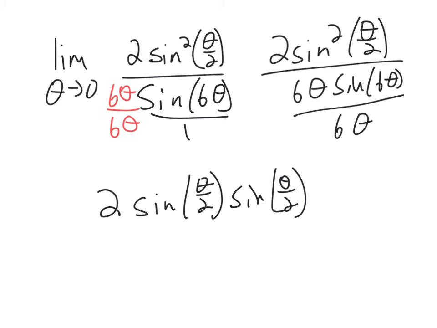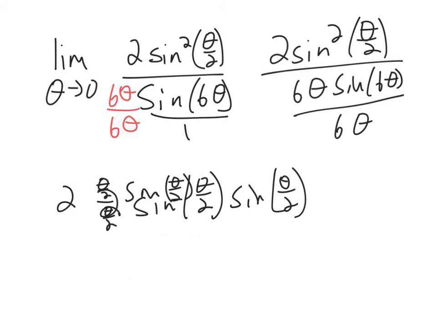And then we'll do the same thing with one of these expressions. So I'm going to multiply by theta over 2 over theta over 2 times sine of theta over 2, right? Because that way this is a form of 1. And so what does that give me? Let's see here.